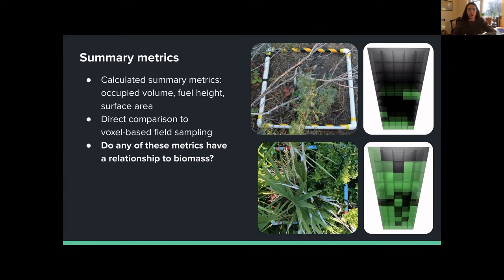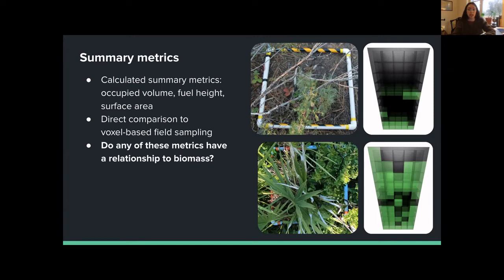The way that we do that is by voxelizing the data. Similarly to our field data, we can calculate metrics like occupied volume and fuel height within our point clouds and see not only if any of those metrics have a relationship to biomass, but how those metrics compare directly to metrics calculated in the field from that voxel data.